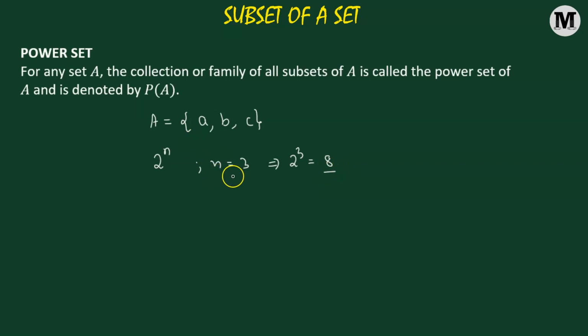So let's write down all the subsets of A. We start with the null set phi, because phi is always a subset of the set A. We have already talked about it.